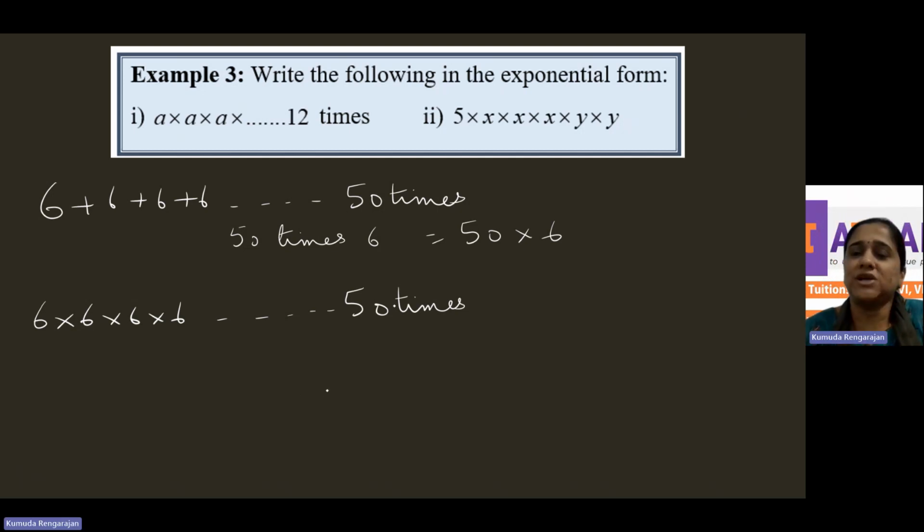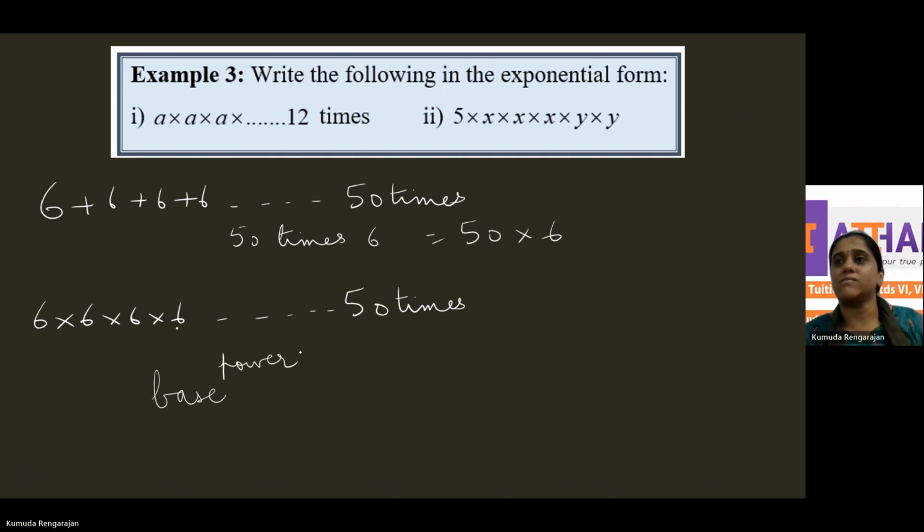Now, in the exponential form, you have 2 characters. One is called the base, the other is called the power. The base is 6.